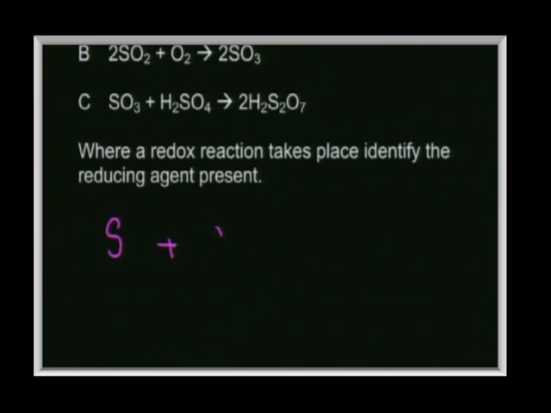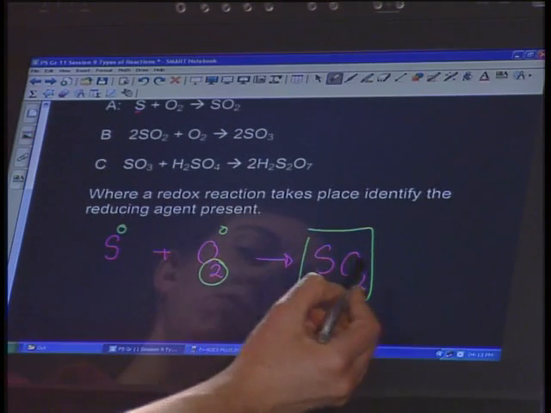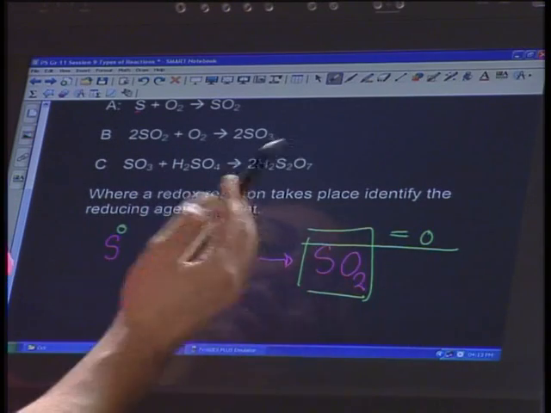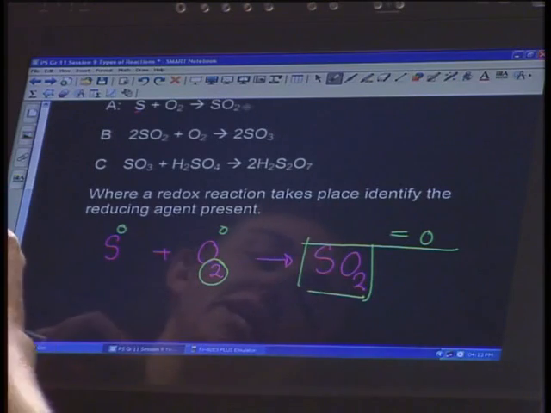We start off with sulfur and oxygen, and it is going to form sulfur dioxide. Over here, the sulfur is unbonded, which means that my sulfur will have an oxidation number of 0. Our oxygen over here is a diatomic molecule, so the oxygen has an oxidation number of 0. If we move over to our product side, we see that we've got a compound. Remember the third rule that told us that if we have a compound, the sum of the oxidation numbers should equal 0. So let's see what those oxidation numbers add up to.